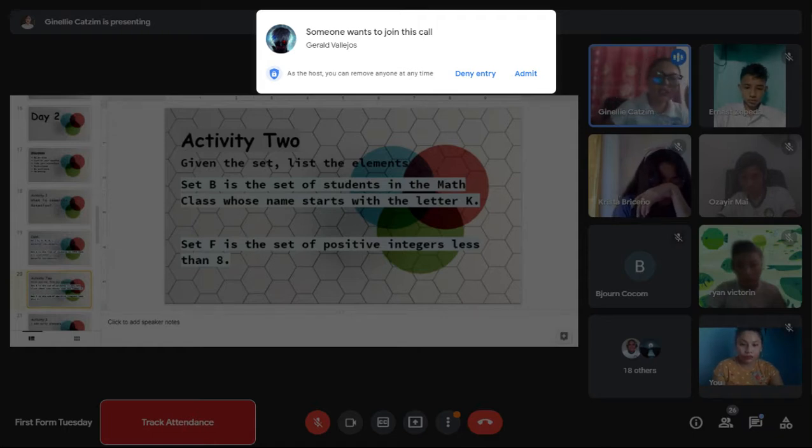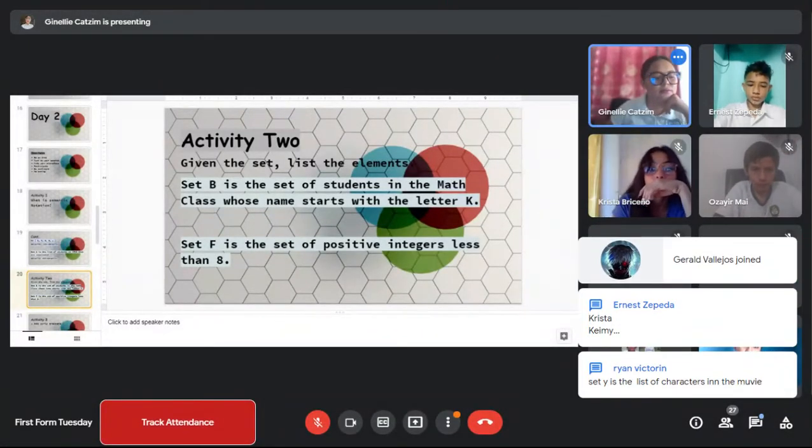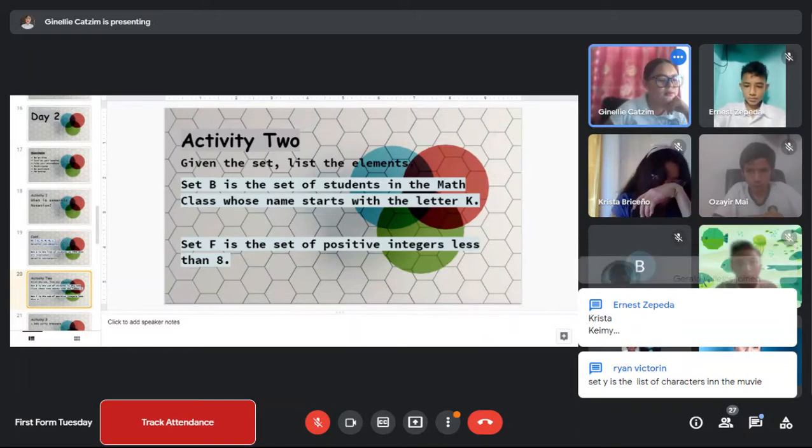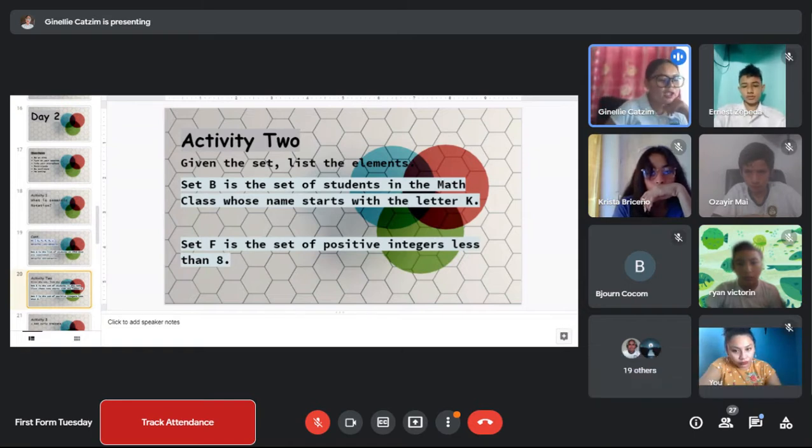Set B is the set of students in the math class whose name starts with the letter K. Says Krista, Kami, Kennedy, okay. Very good, Ernest. Emerson, I'm not asking for the amount of students. I'm asking the students, right? Which is the name of the students that Ernest mentioned.